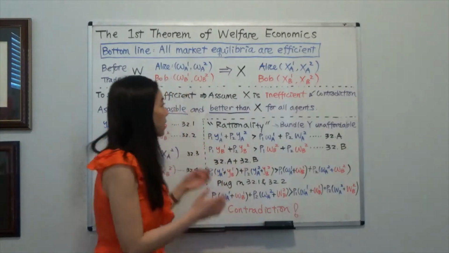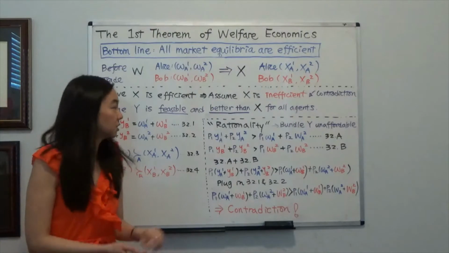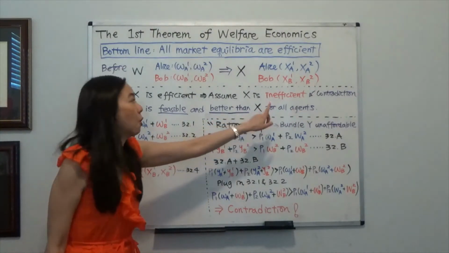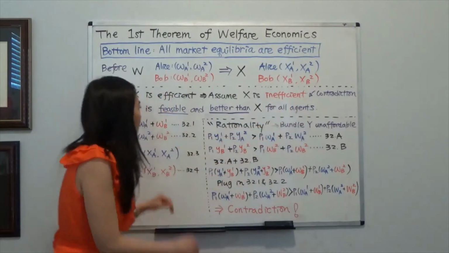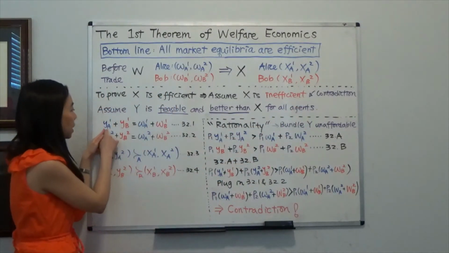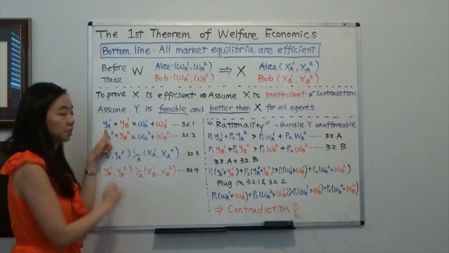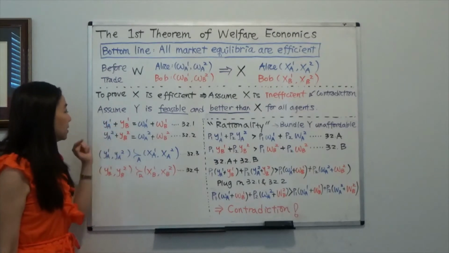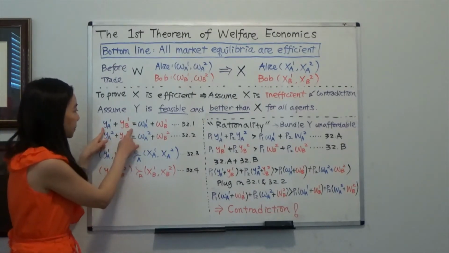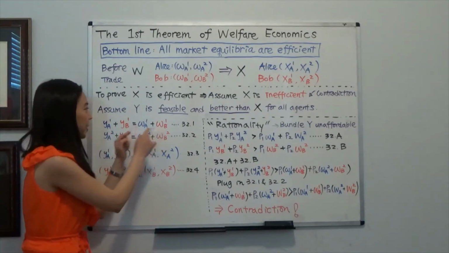That means we can find another allocation Y, which is feasible and also better than X for all agents. So first of all, feasibility. That tells us if we sum up the new allocation of Y, so the consumption of Alice in good 1 and Bob's consumption in good 1, we sum that up, and that's the same as our initial endowment in good 1.